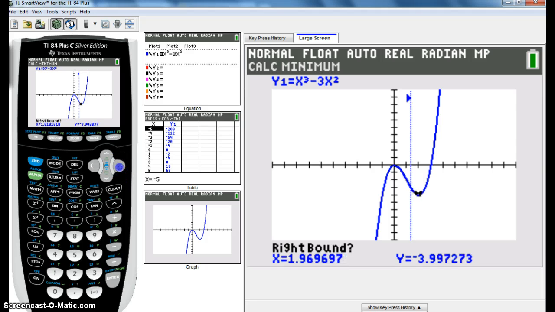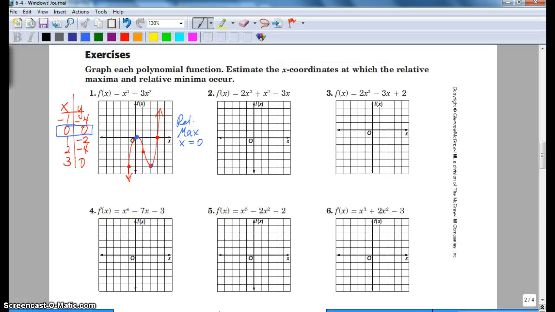Scroll to the right, and I want to be to the right of the minimum value. Hit enter. So there's my left and right bounds. Hit enter again, and there you have it, 2, comma, -4. So as predicted, that is in fact our other extrema value. We call it a minimum, and that simply becomes, as far as our final answer, a relative min at x equals 2.